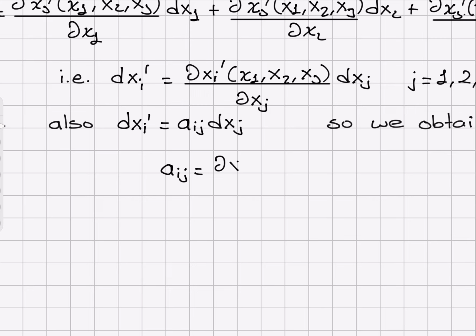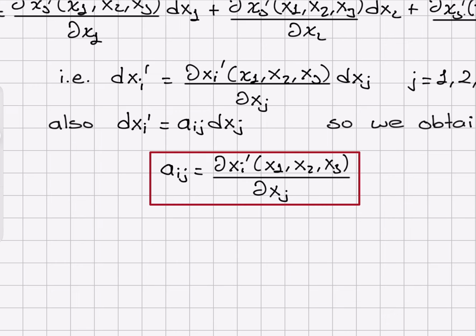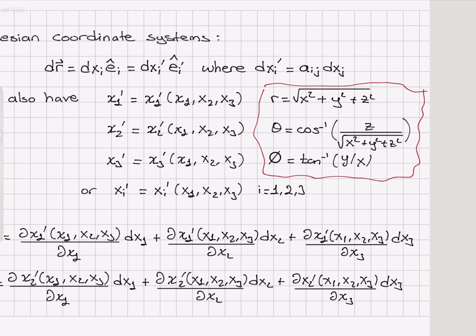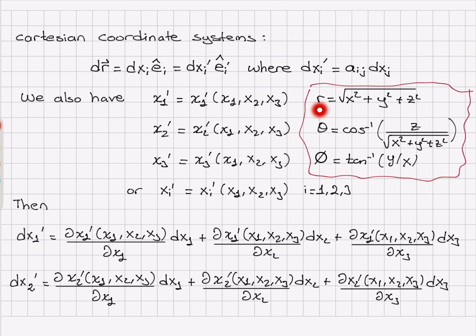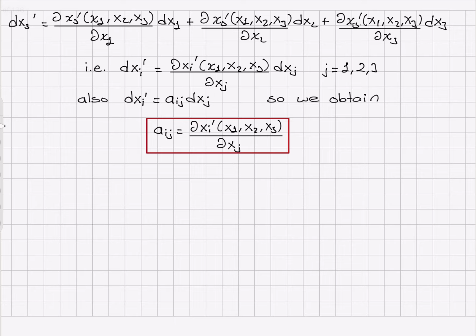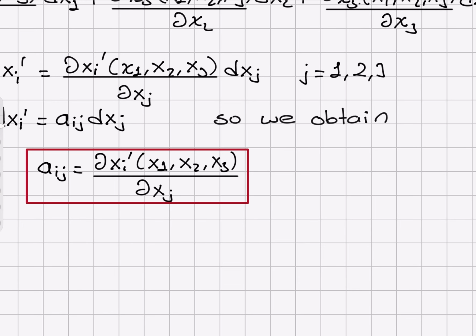So what I need to do is to write the coordinate transformation equation between the unprimed and primed systems and take the partial derivative with respect to xj to find aij, the transformation matrix element. For example, if I look at my coordinate transformation between spherical and Cartesian coordinates, I would write del r del x.